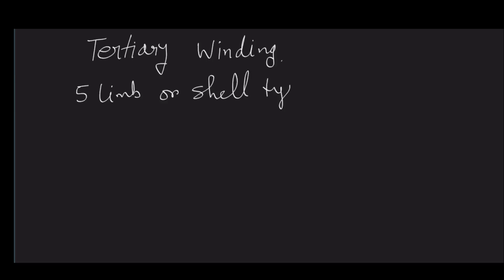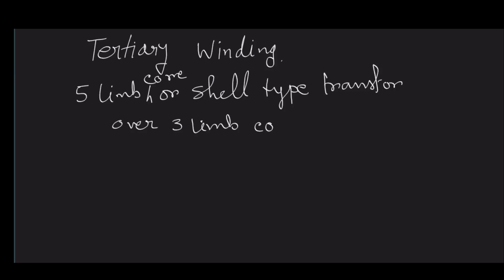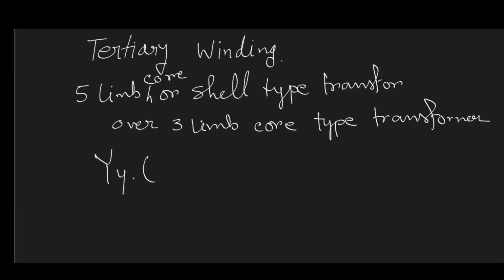Before going to tertiary winding, let me discuss what is the problem with 5-limb or shell type transformer, 5-limb core or shell type transformer, or 3-limb core type transformer, when they are connected in star-star form, Y-Y form with ungrounded neutral.